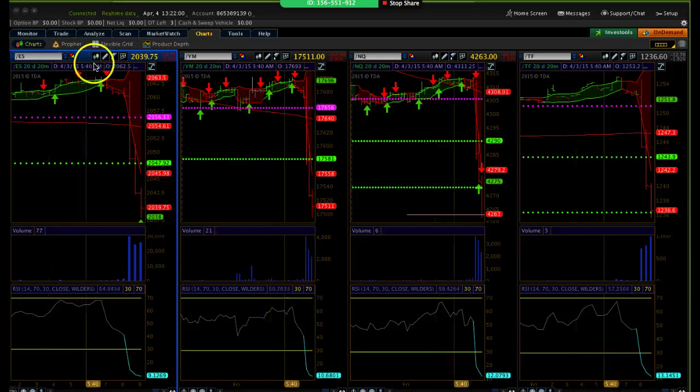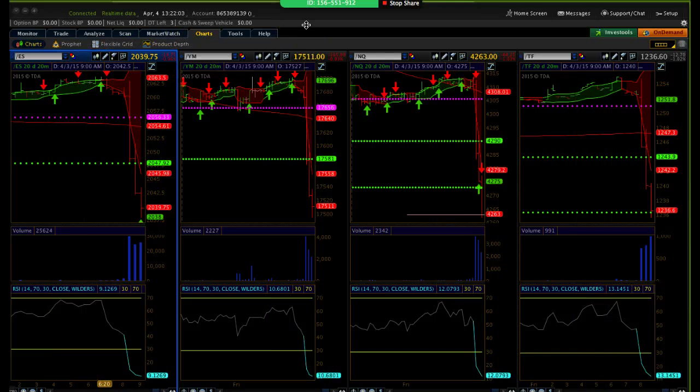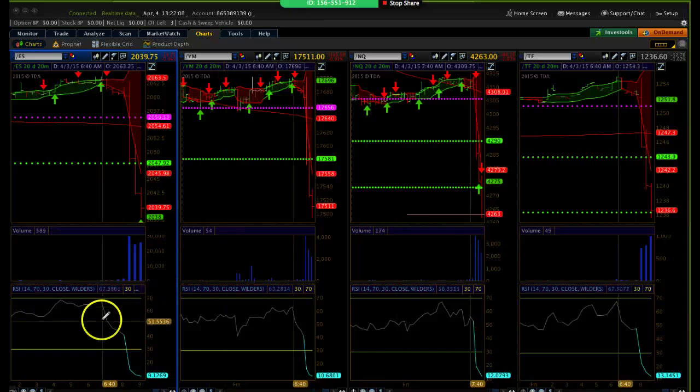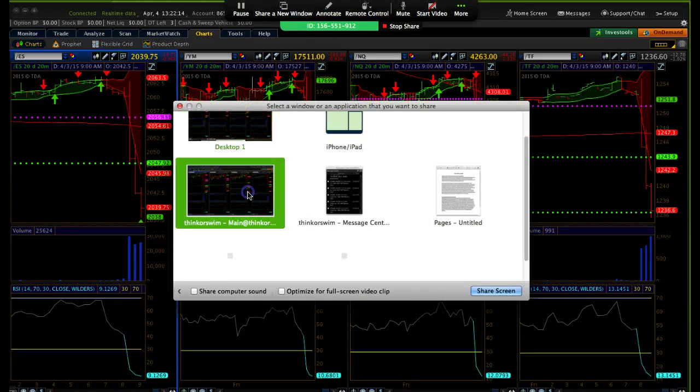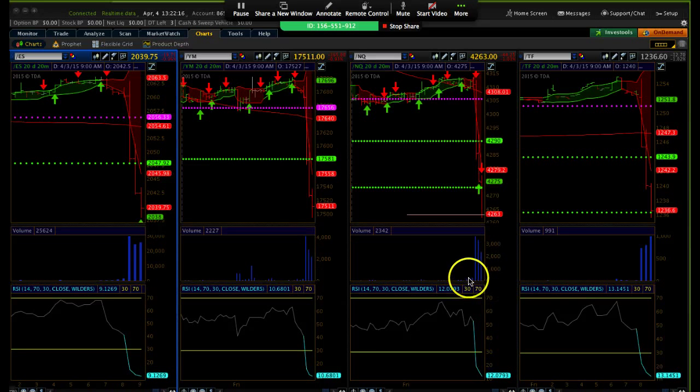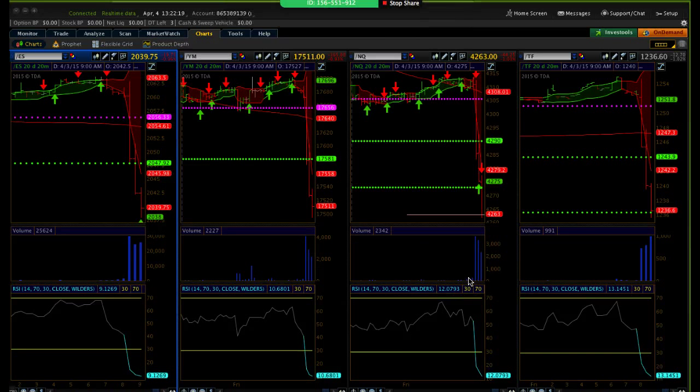Does anybody see my screen, or do you see a blank screen? It's blank? Okay, hold on, let me see if I can fix that. What about now? Is it blank? Okay, let me make sure that everyone can see it.